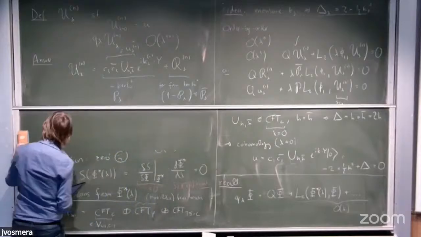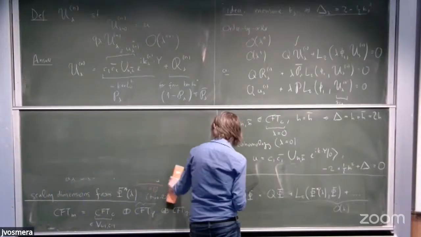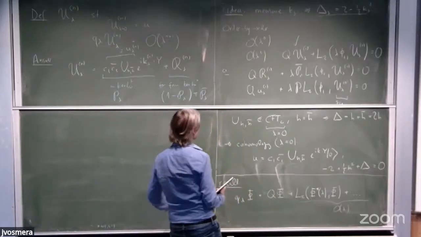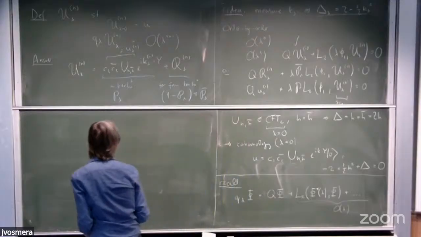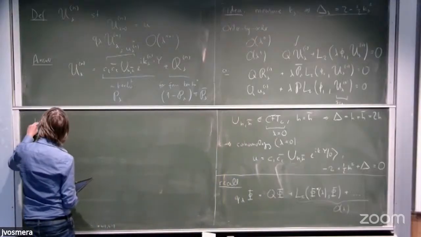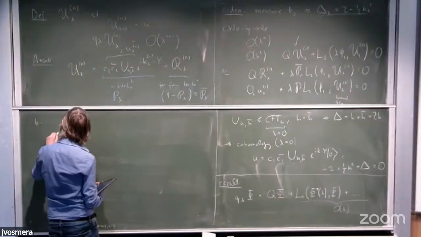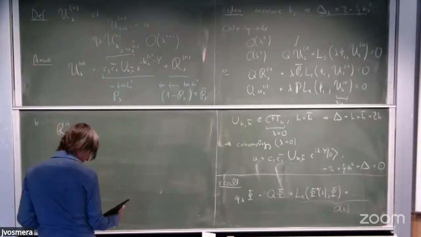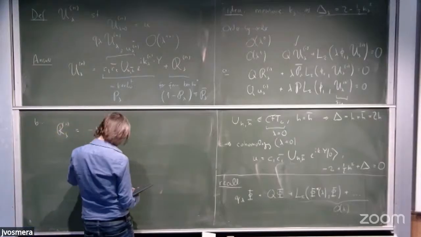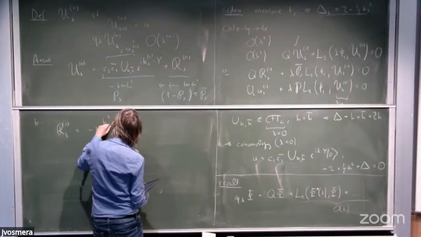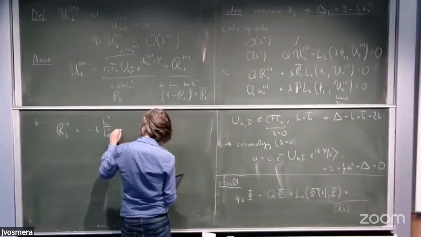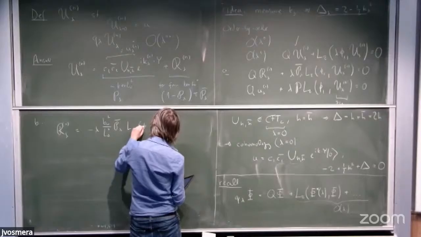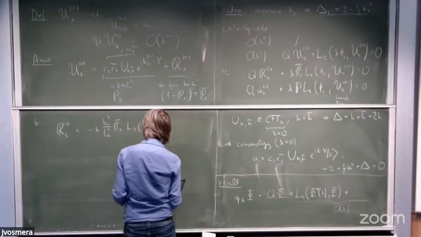Since we are projecting outside of the kernel of L naught, we can very safely invert this Q by the propagator, and we can write that the solution for this component R lambda 1 of the different cohomology is minus lambda B naught plus, curly P bar, and so on.